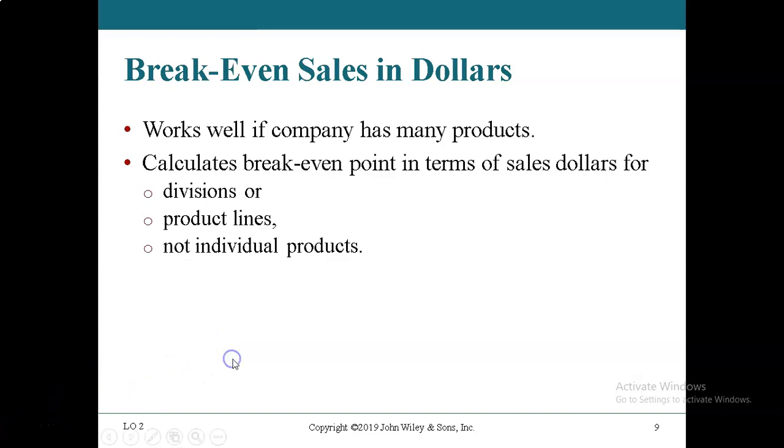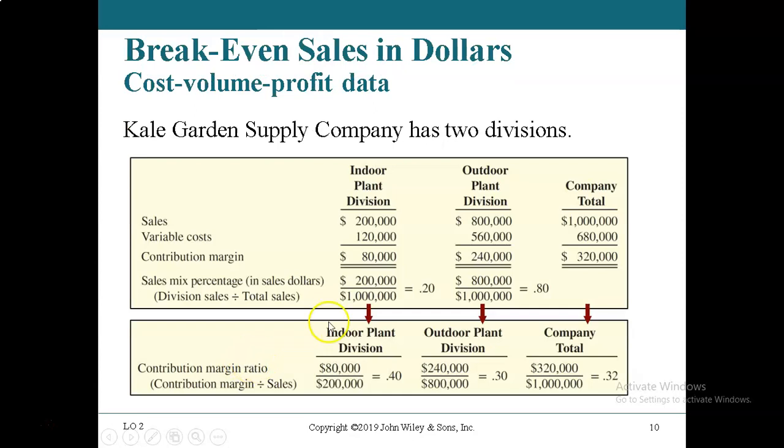Okay, so let's take a look at another example here. I'll interpret this for you. The important thing is just to get the concept down. Okay, so I make $200,000 in sales from my indoor plant division, and I make $800,000 in sales from my outdoor plant division. So for everything, the total, I sell $1 million.